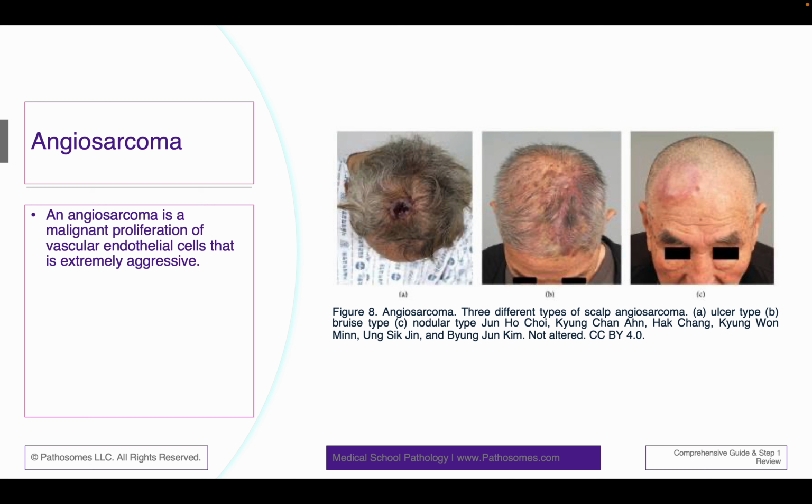Now let's move on to a malignant vascular issue, angiosarcoma. Now this one we need to be worried about from a clinical standpoint. An angiosarcoma is a malignant proliferation of vascular endothelial cells that is extremely aggressive.